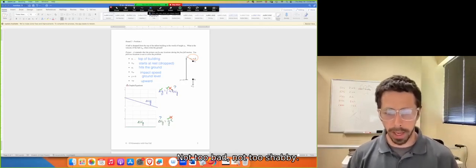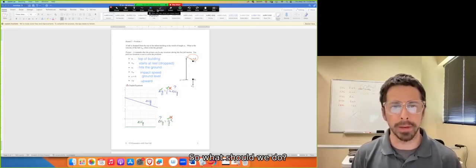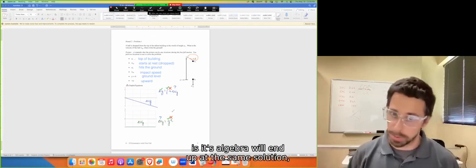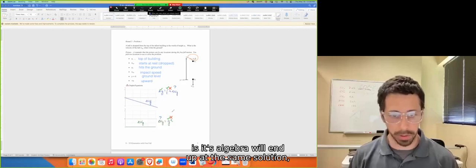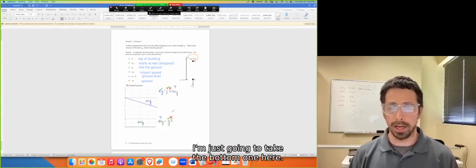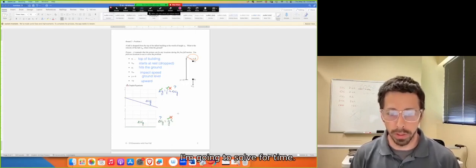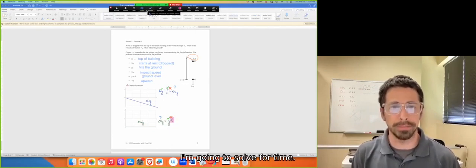Not too bad, not too shabby. Okay, so what should we do? I'm going to solve for time. Right here, it's algebra. We'll end up at the same solution whether you do one or the other. I'm just going to take the bottom one here, and I'm going to solve for time.